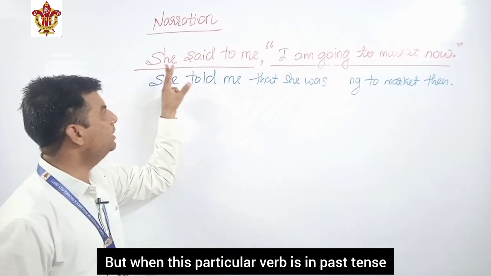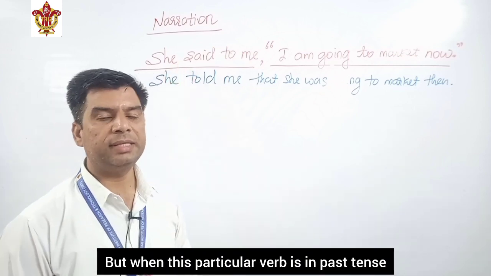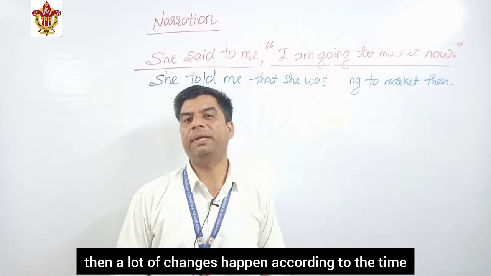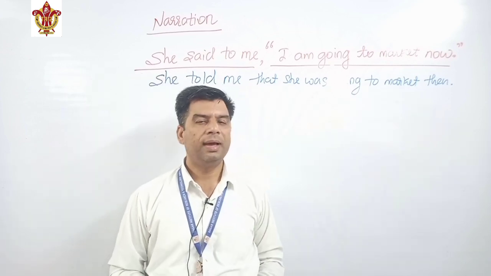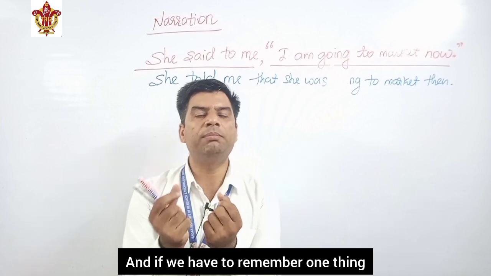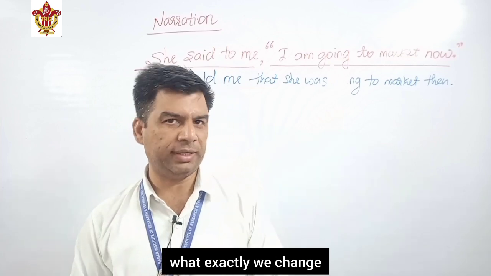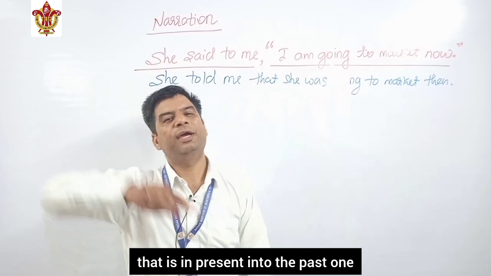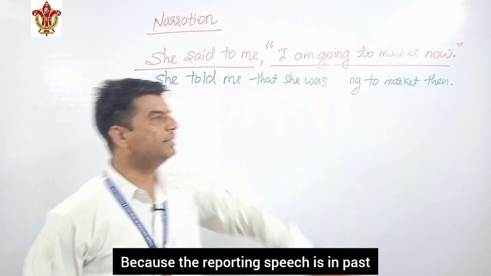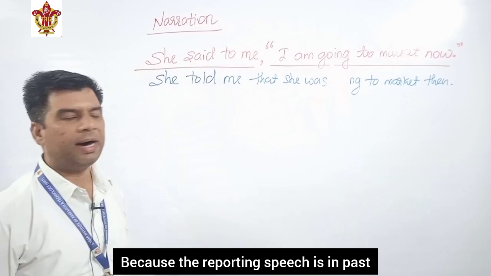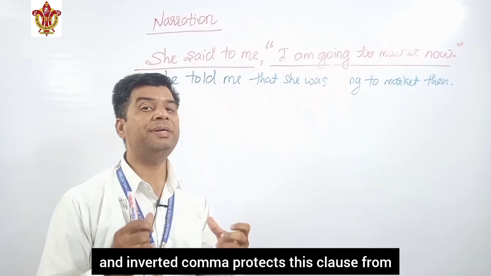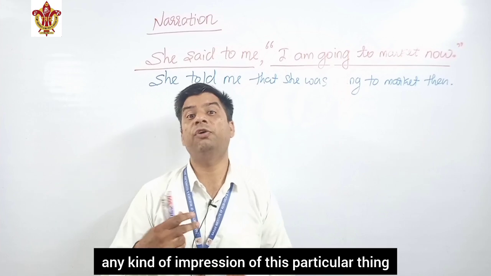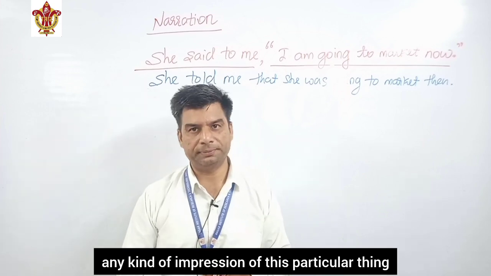But when this particular verb is in past tense, then a lot of changes happen. We change everything that is in present into the past one, because the reporting speech is in past, and inverted comma protects this clause from any kind of changes.